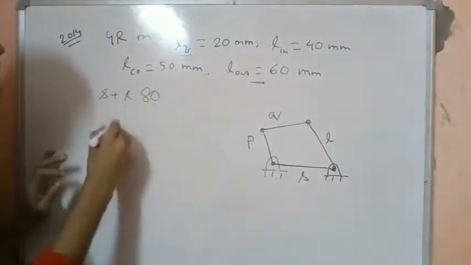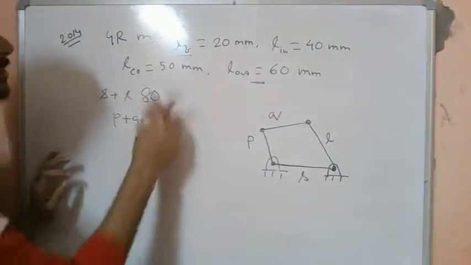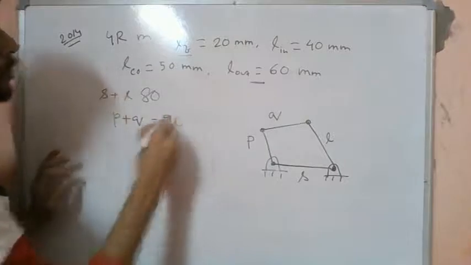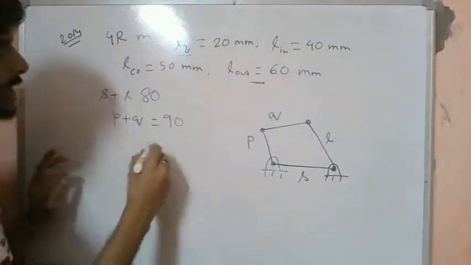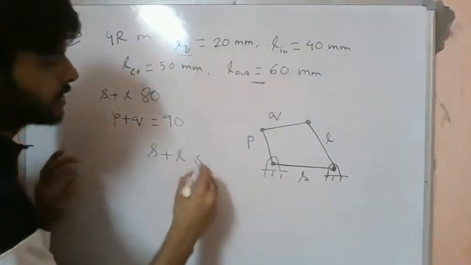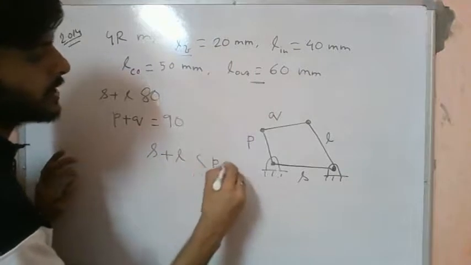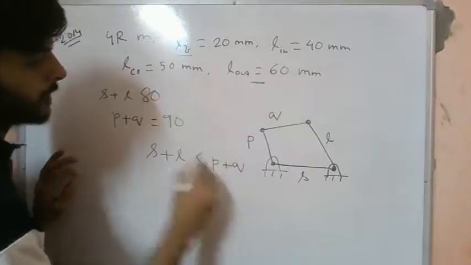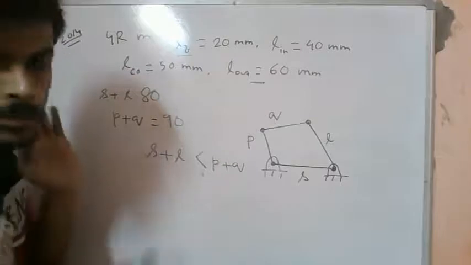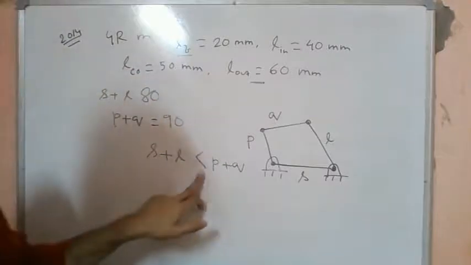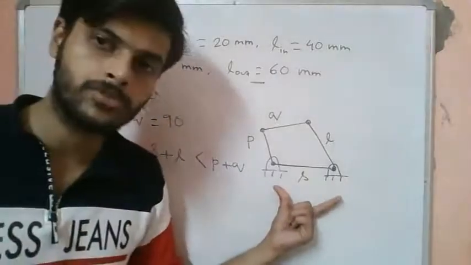And P plus Q is 50 plus 40, which is 90, right? So S plus L is less than or equal to P plus Q. This criterion is satisfied, so this is a Grashof chain.